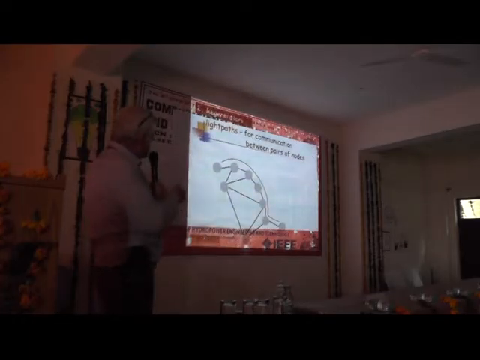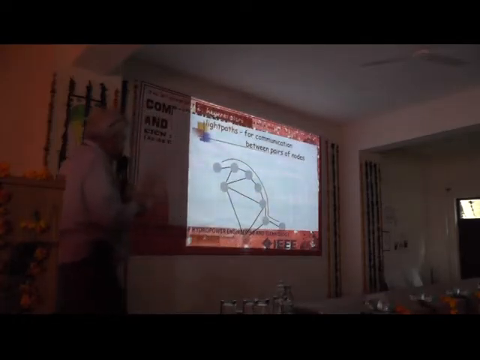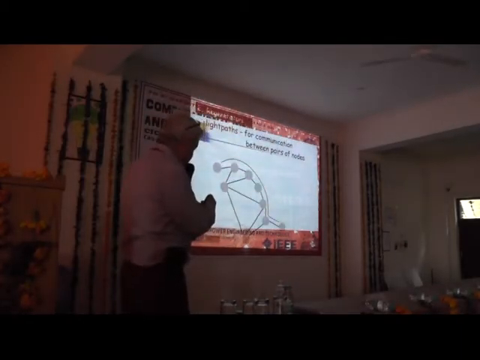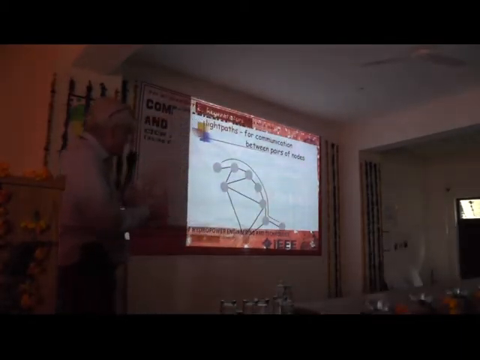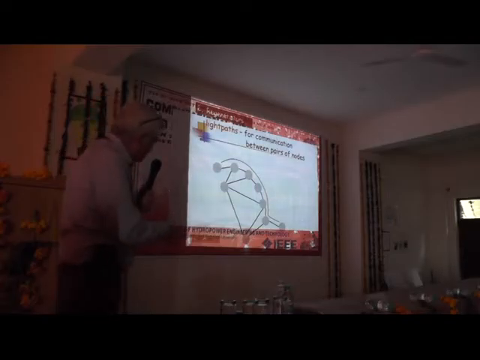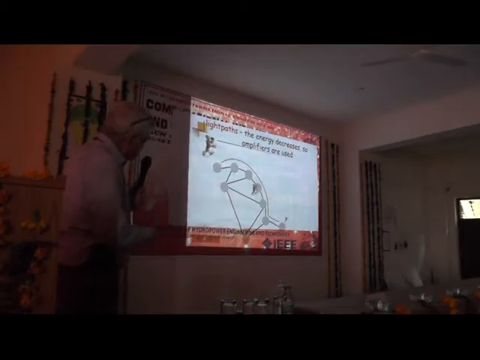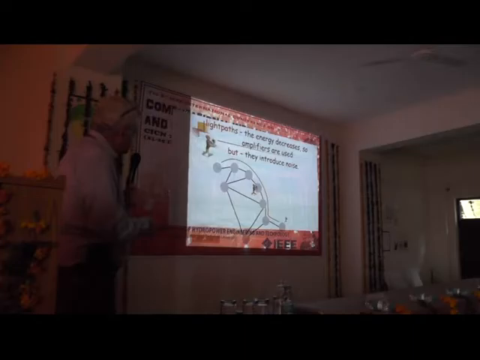Second problem is about the regenerators. Okay, the light path is used for communication between pairs of nodes, like this light path. But when the light path goes, the energy decreases, so we have to use amplifiers, okay?